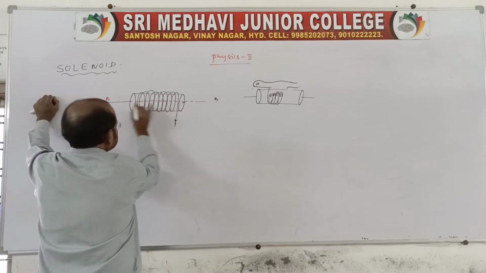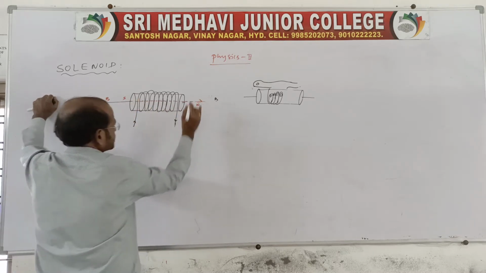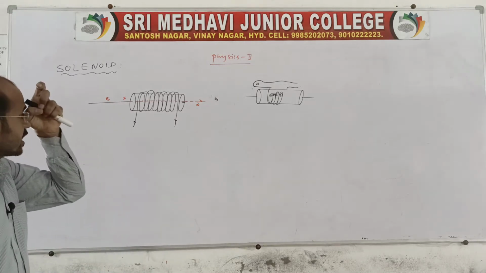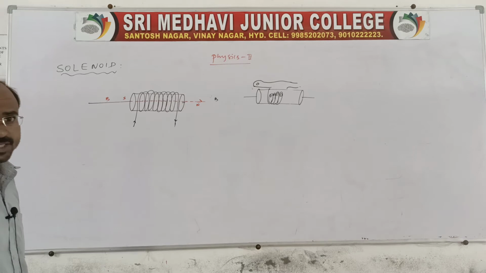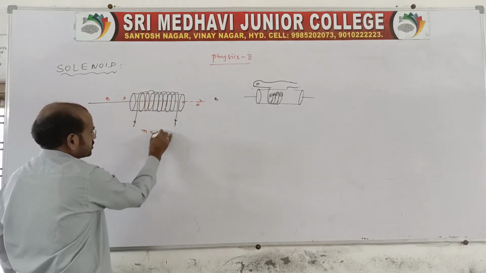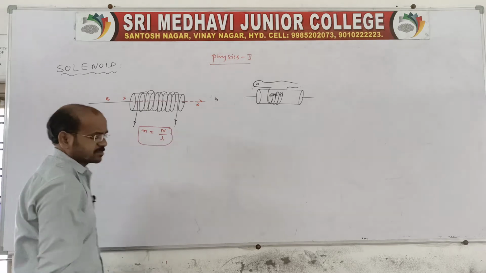There is a current entering, so the magnetic induction will have a south and a north pole. A field is produced like this, so the current-carrying coil is like a solenoid. Here the number of turns per unit length is a small n.